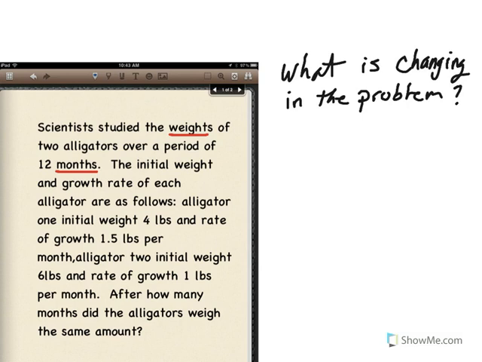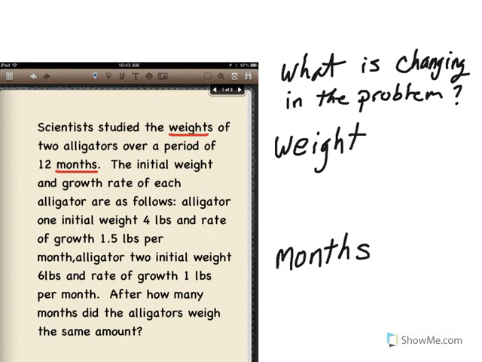By focusing in on the words in the sentence, we can see that the weights and the months are the things that are changing. The alligators are still the same alligators. The scientists haven't changed. It's the weights and the months that are changing. So let's write that down.